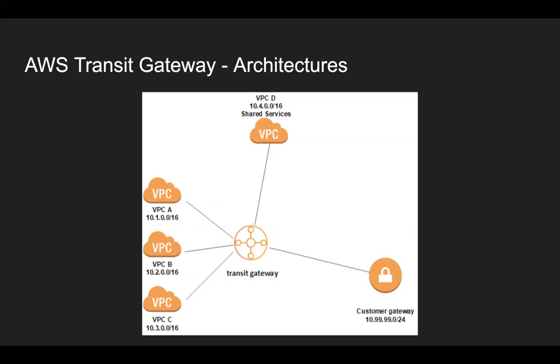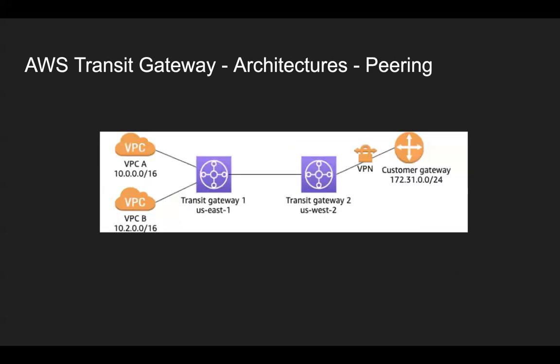Let's take a look at the next architecture, where we look at the peering between transit gateways. Let's say, for example, in account A, a customer has a transit gateway with which he has connected his on-premise infrastructure through a VPN connection to his corporate data center. And let's say in account B, they have another transit gateway, which is connected to multiple VPCs.